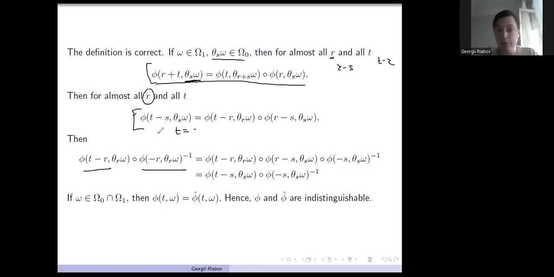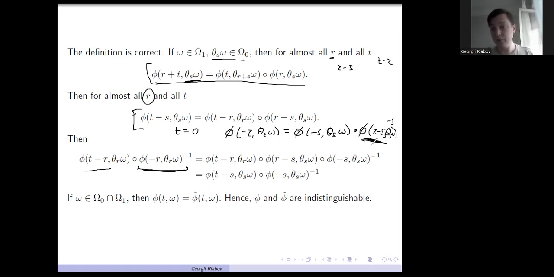Take t equals 0 in this equation to express phi minus r theta r omega as phi minus s theta s omega composition phi r minus s theta s omega inverse, then substitute it here and get phi t minus r theta r composition the inverse of this mapping, so phi r minus s theta s and phi minus s theta s inverse.